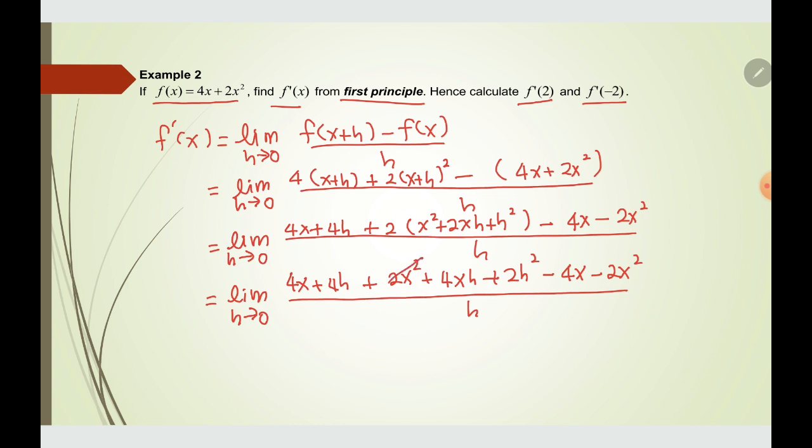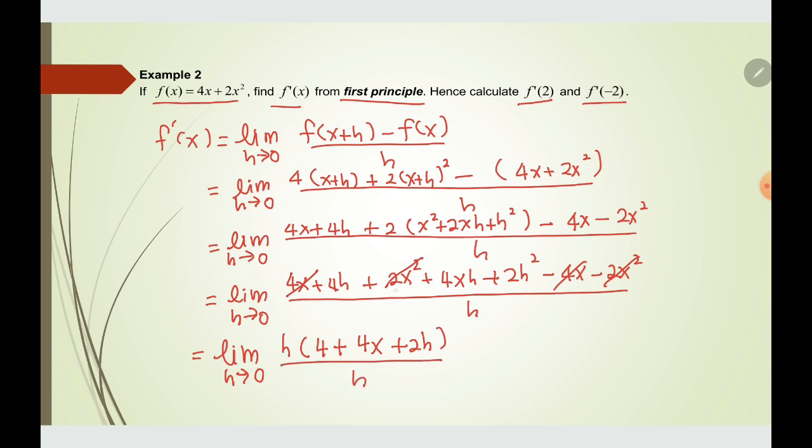From here we found 2x squared minus 2x squared becomes 0. 4x minus 4x, so we have 4h, 4xh and 2h squared. All the terms that are left should have h because we need to factorize all h. And then it becomes h times (4 plus 4x plus 2h) over h.